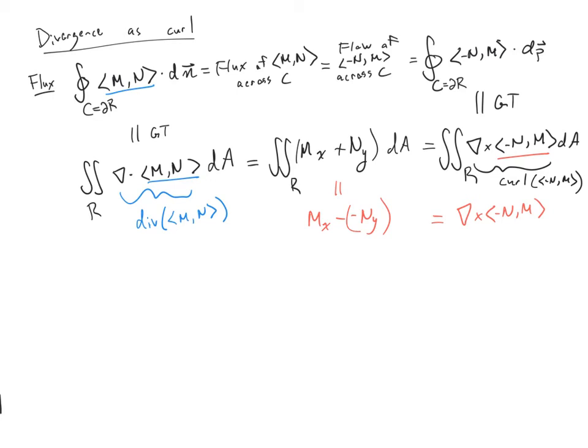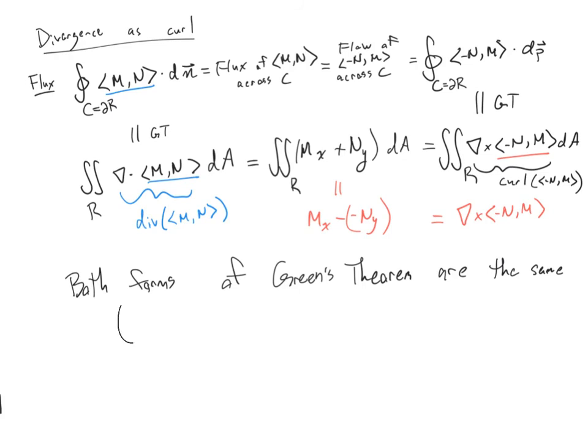And so this is all just to say that both forms of Green's theorem are the same, and both are fundamental theorems of calculus, in the sense that they are taking something which is two-dimensional, this center integral, right?